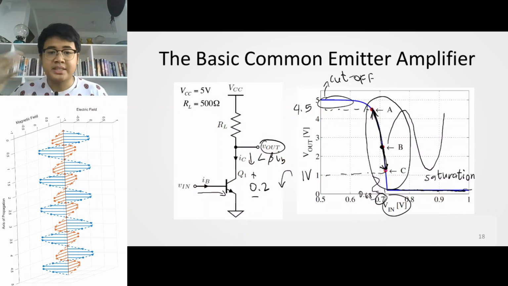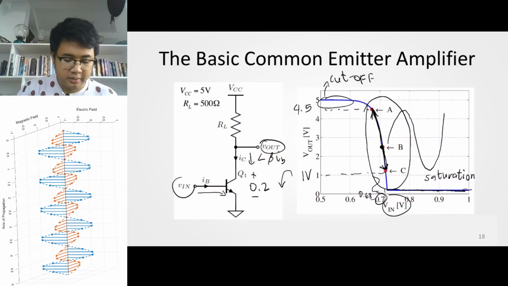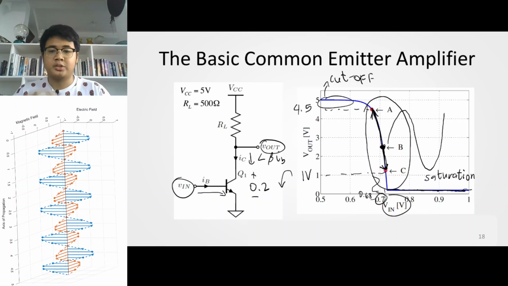So you have to design your Vin. So you need to have a Vin such that you'll be able to operate from a certain point on the sloping. Right?